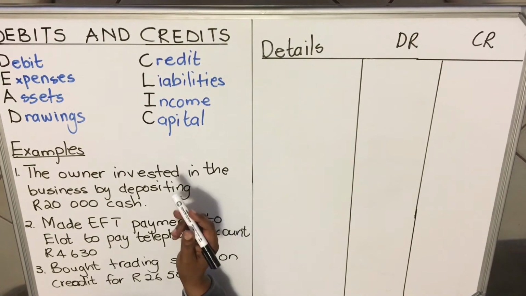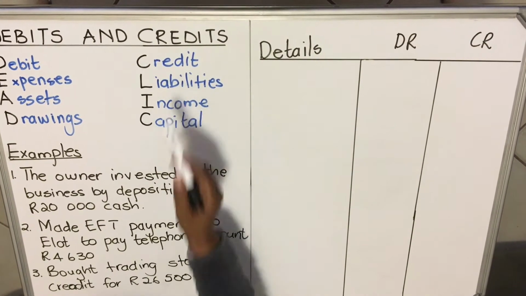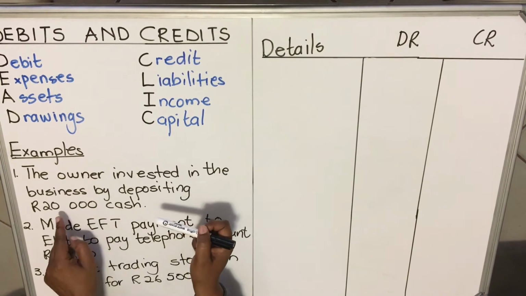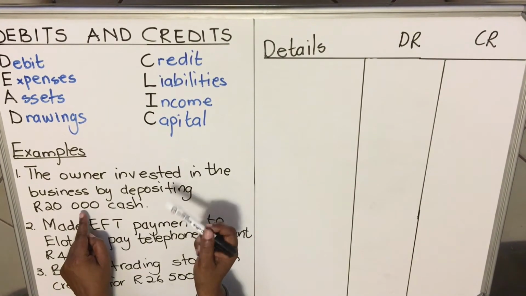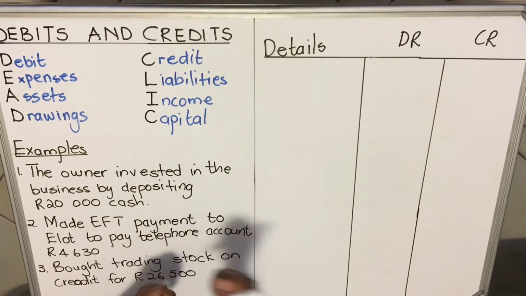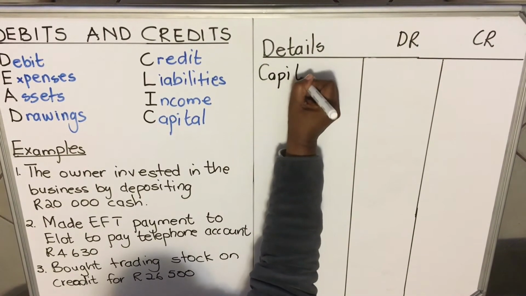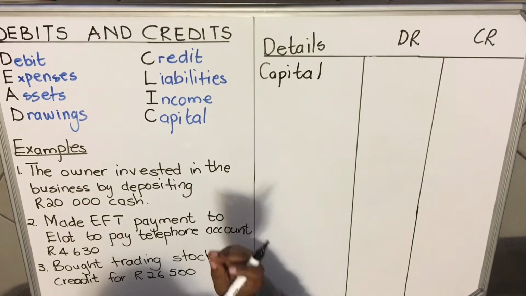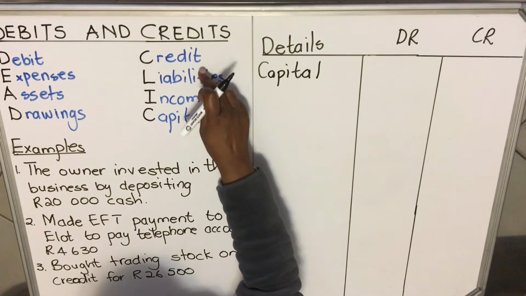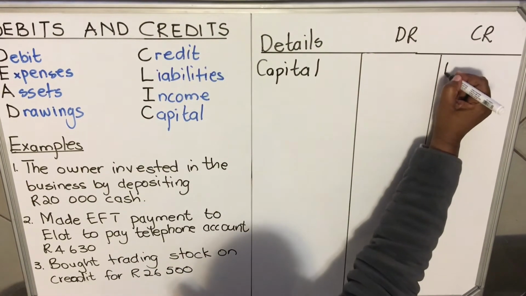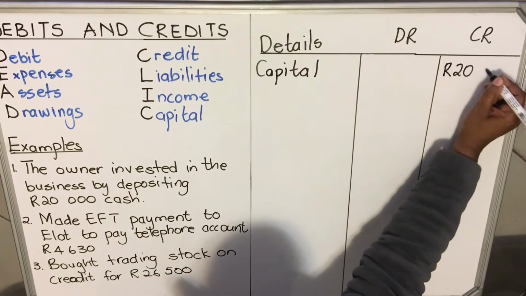When it increases, you credit it. So when he deposits 20,000, the capital increases. So our detail is capital, and it increases, so we're going to credit the capital with 20,000.